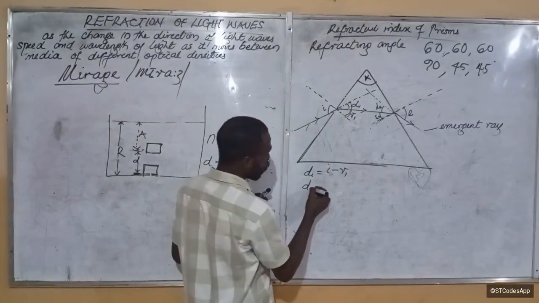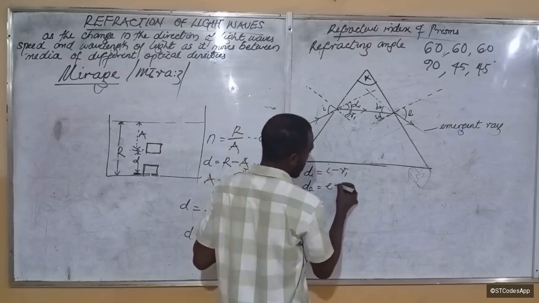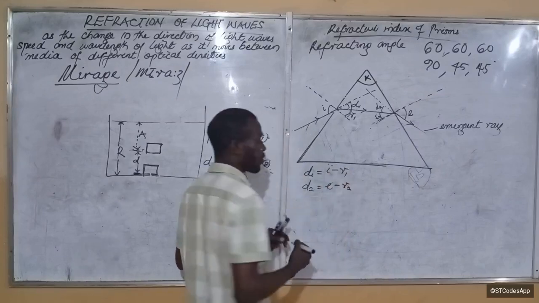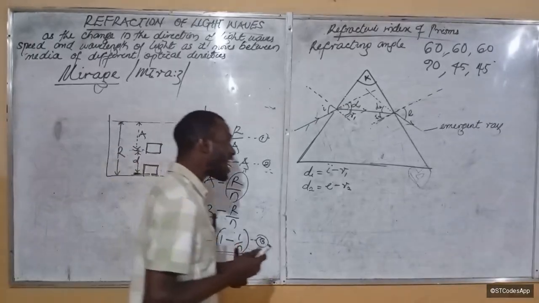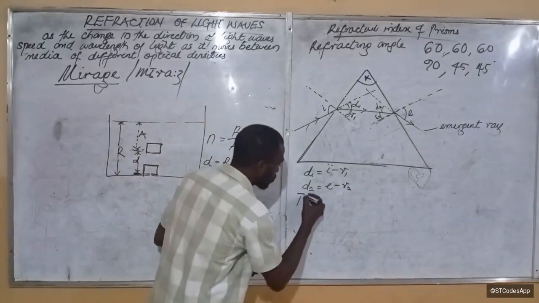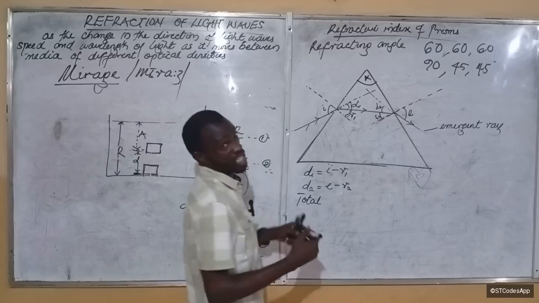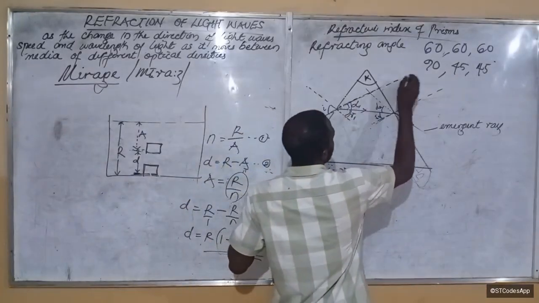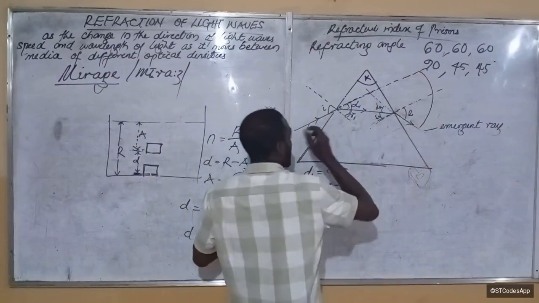Now your deviation 2 also will be equal to what? Angle of emergence minus the refracted angle of the second refraction. Is this clear? Good. Now, what will happen? If you want to calculate the total deviation that light experienced, this is what we mean by total deviation. This total angle, from where we started from, right?